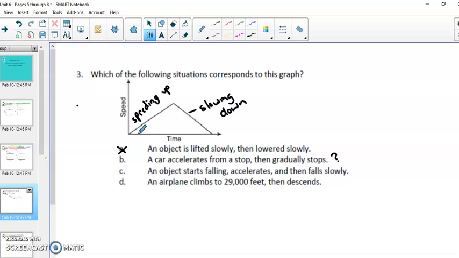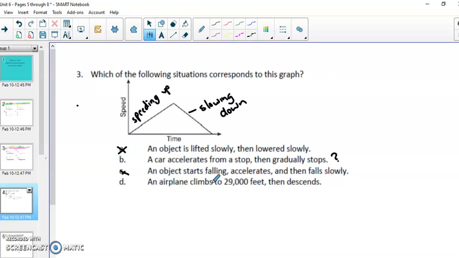That doesn't really make sense here. An object starts falling, so it speeds up. It accelerates, then falls slowly. Well, that one doesn't really make sense in this one either.